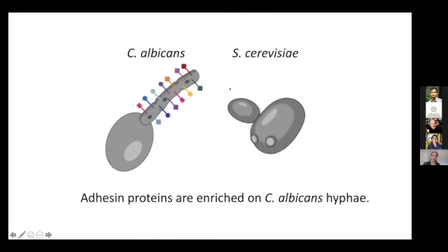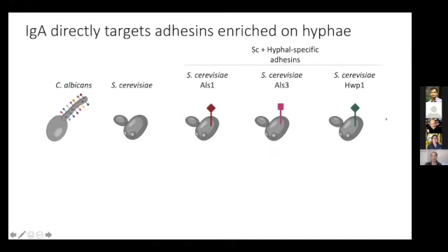One of the main features that makes Candida albicans so notorious compared to Saccharomyces cerevisiae is its adhesion potential. Candida is so adhesive because it expresses large families of cell surface adhesin proteins that are enriched on hyphae and facilitate the adherence and invasion of host tissue. Saccharomyces cerevisiae lacks orthologs to most of these adhesins. So we asked whether these adhesins are directly targeted by IgA responses by leveraging a collection of Saccharomyces strains heterologously expressing different Candida adhesins on their cell surface.